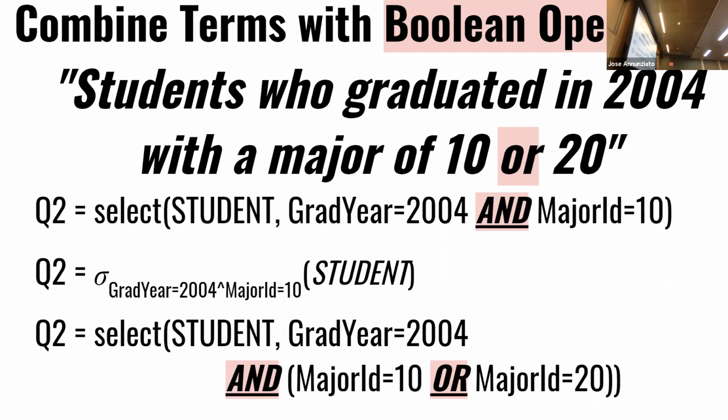This is somewhat, as we'll see in a minute, the combination of two select statements, where the output of one could be fed into the input of the other. The AND operator could be rewritten in such a way that you first calculate the select graduation 2004, and the output of that could be the input of a subsequent select statement that filters by major ID 10. And they would be equivalent.